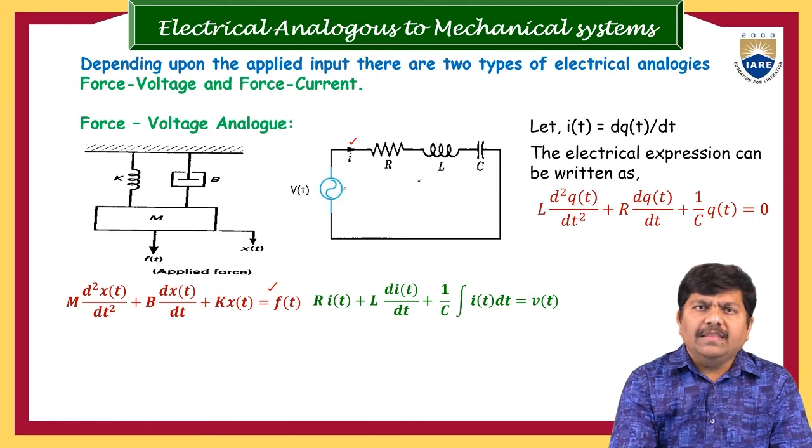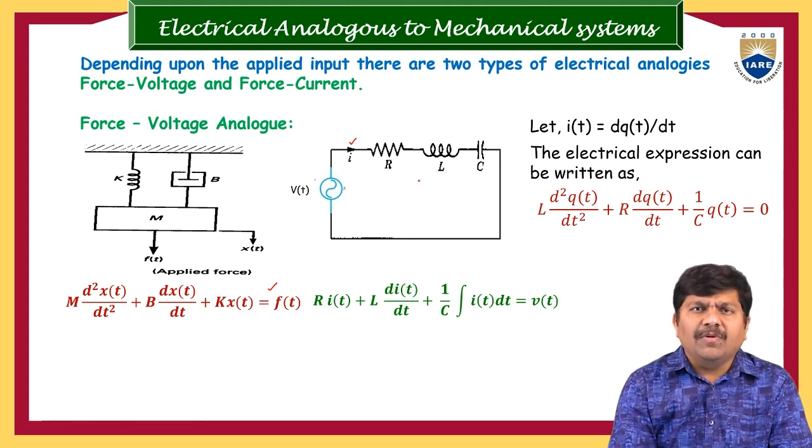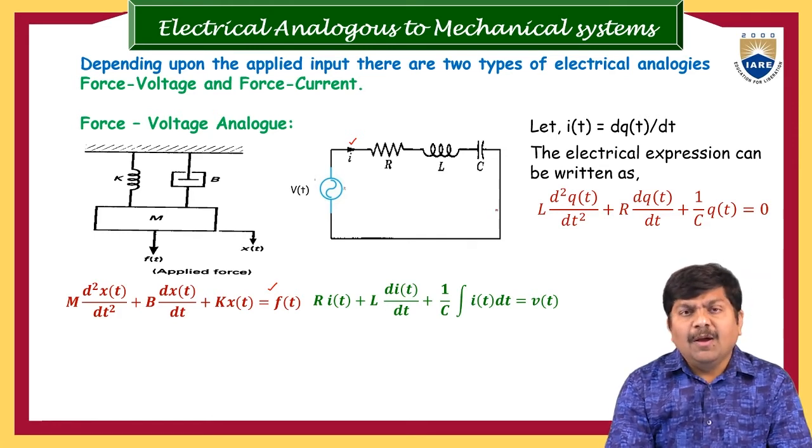For this simple loop of R, L, C and the voltage, applying the voltage balance equation with Kirchhoff's Voltage Law, V of t is R into i plus L into di by dt plus 1 by c integration of i of t into dt. This is the mathematical equivalent of the given electrical system.